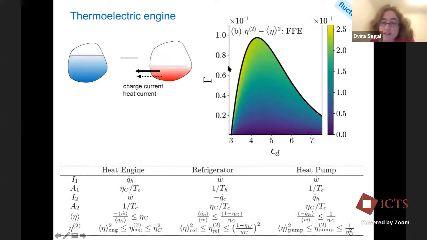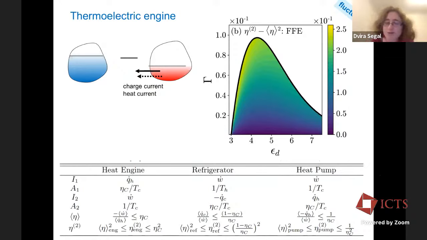We tested it for thermoelectric engines, I will not go over it, and also for the quantum absorption refrigerator. I just want to highlight that the proof was done in linear response. So when we test it, it's useful because we wanted to check what happens beyond close to equilibrium.